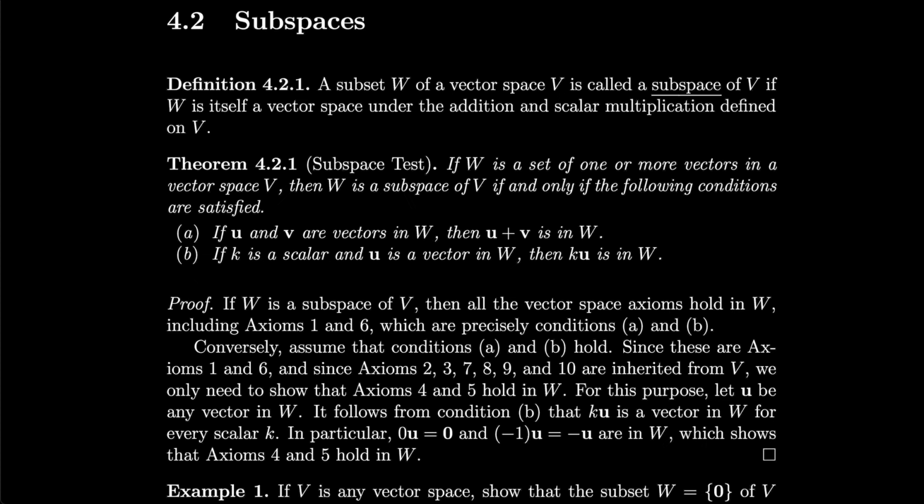So to test if they are, we see that if W is a set of one or more vectors in a vector space V, then W is a subspace of V if and only if we have these two conditions satisfied.